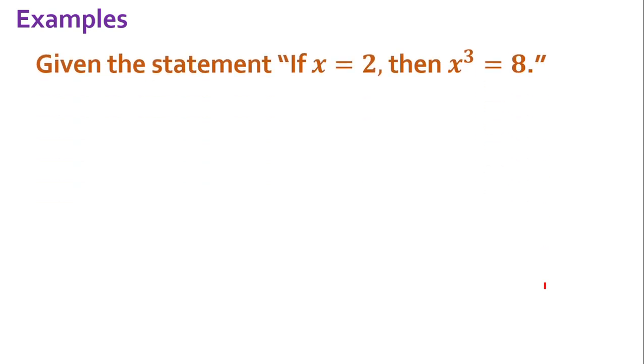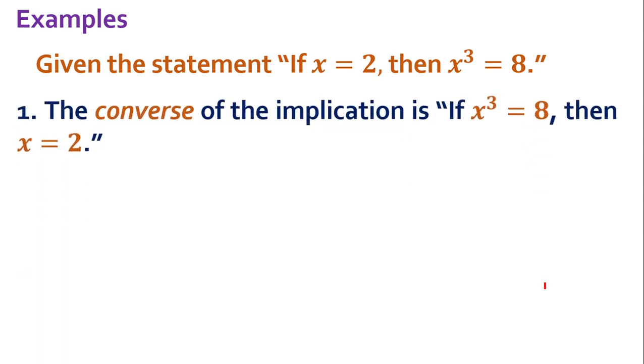So I have an example. Given the statement, if x is equal to 2, then x cubed is equal to 8. The converse of the implication is, if x cubed is equal to 8, then x is equal to 2.